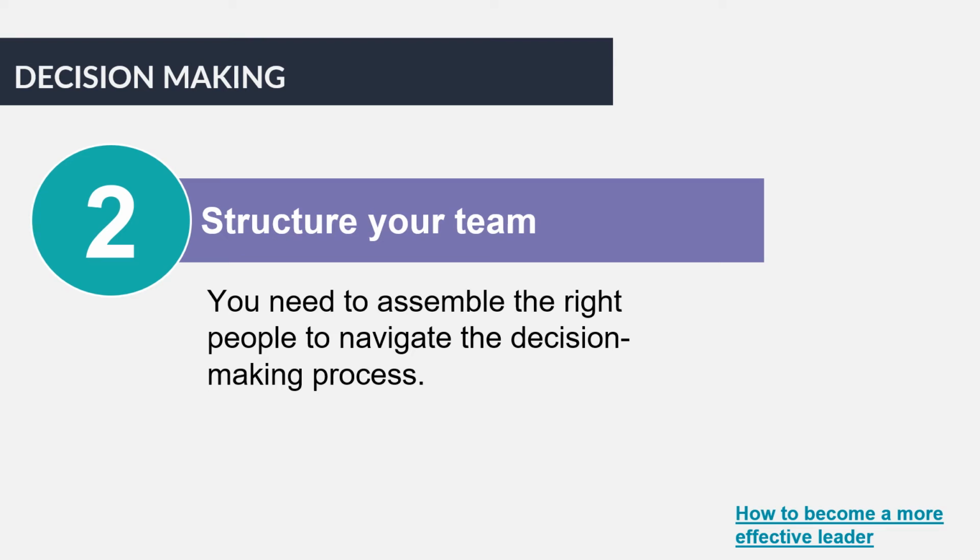Different people have different expertise. So whenever you're assembling your team, look into what these people are good at and what knowledge areas they have, to ensure that they make meaningful contributions towards the decision that you want to make.